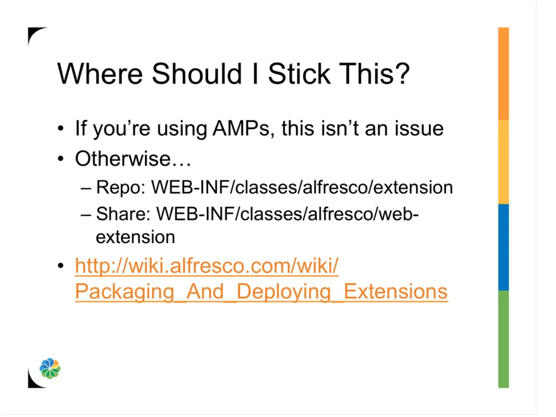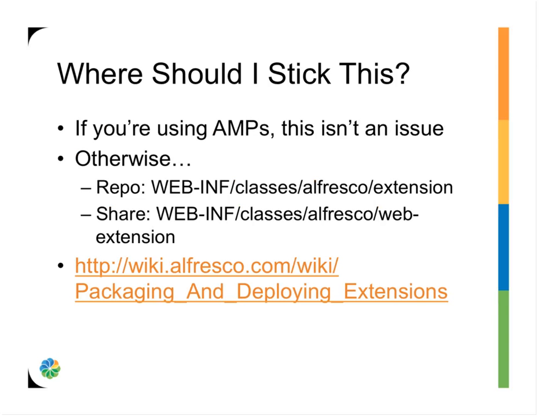All right, so deployment. Where should I stick this? If you're using AMPs, you really don't have to worry about where the files go inside the war, because the MMT does that for you. So that's actually a nice benefit of using AMPs. If you're not using AMPs, then you need to be placing your config and extensions inside the web app.